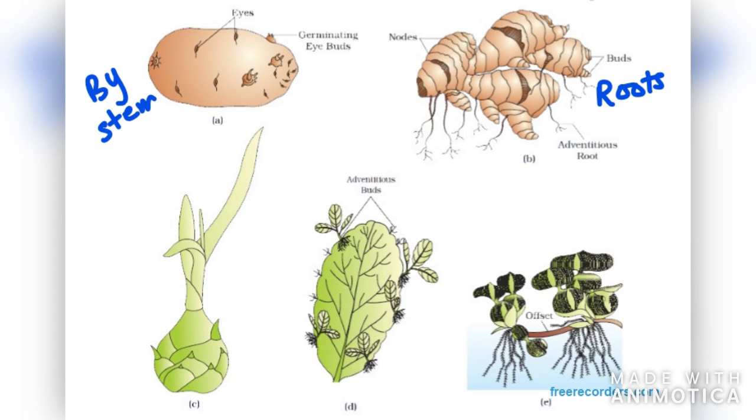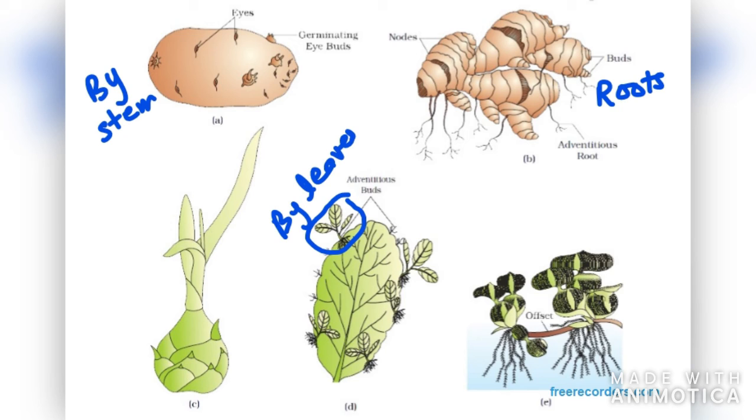In the fourth part you can see the example of Bryophyllum. In this case you can write by leaves. By leaves we have a new offspring, like you can see here. Some adventitious buds are there, so new plants grow from leaves. In the case of roots, you can see ginger, with adventitious roots. By stem, in the case of potato.